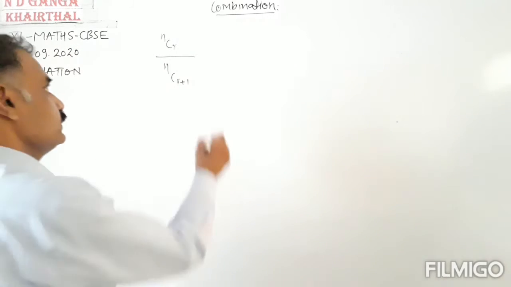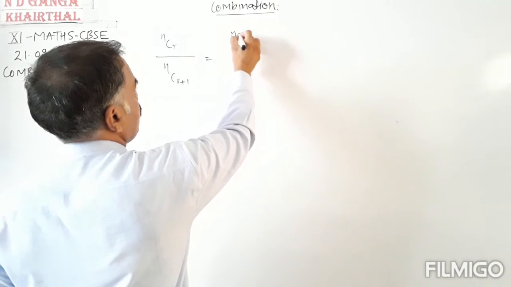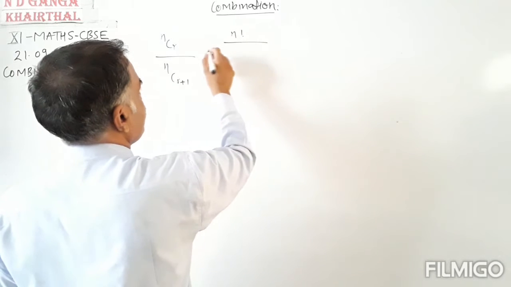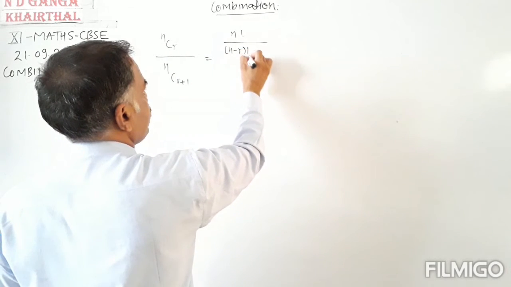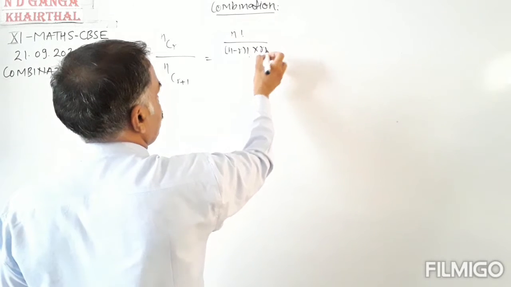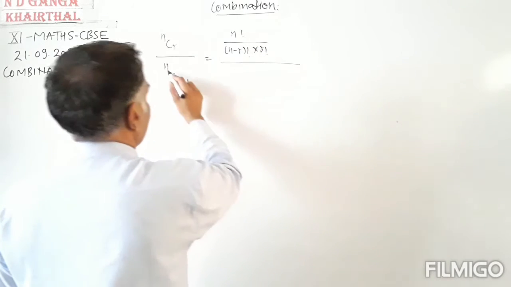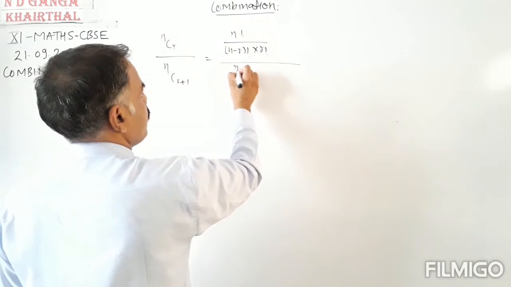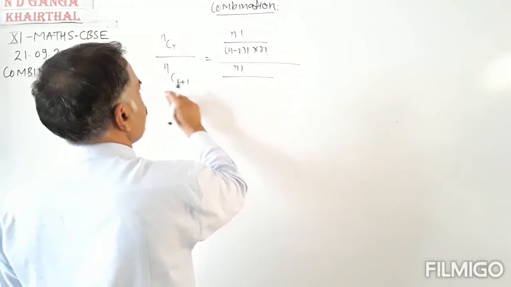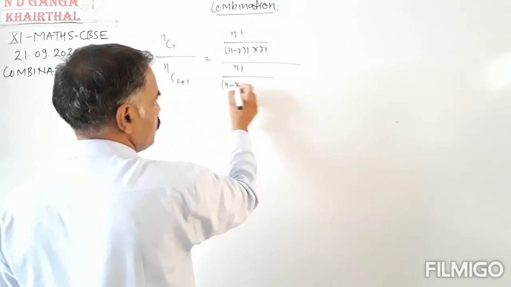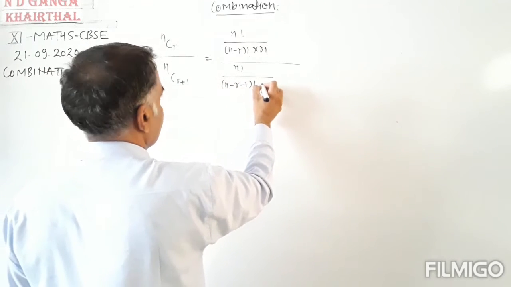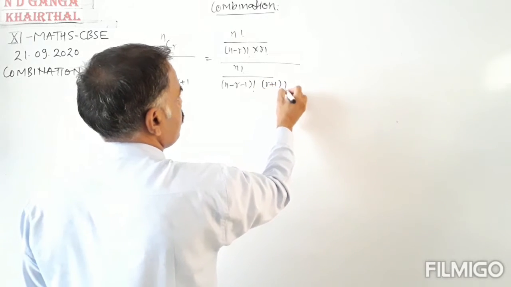So nCr equals factorial n upon n minus r factorial into r factorial, divided by nCr plus 1, which is factorial n upon n minus r minus 1 factorial into r plus 1 factorial.